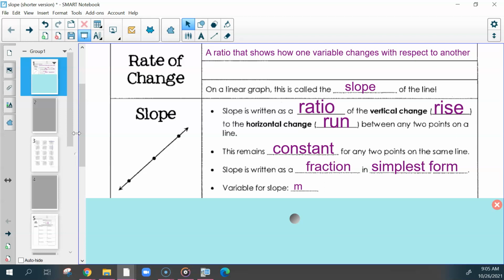So there are a couple different ways we can find slope. One is from a graph, and then the other way is algebraically.